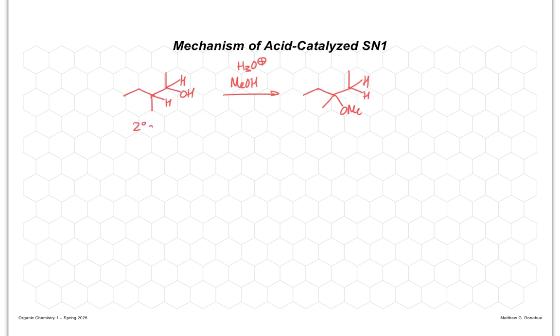So a secondary alcohol is now going to an ether. We need to get rid of that OH group, but it can't just ionize, because if it leaves as it leaves now, then it's hydroxide, right? Hydroxide is OH minus. We're under acidic conditions. So we have to protonate using hydronium ion.